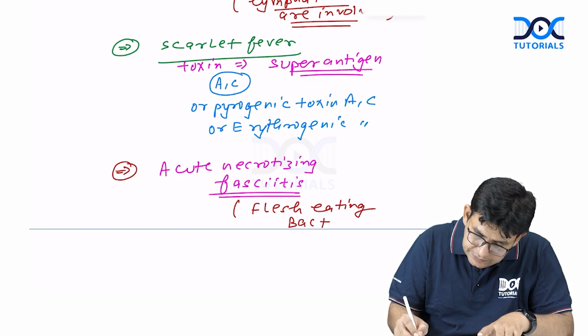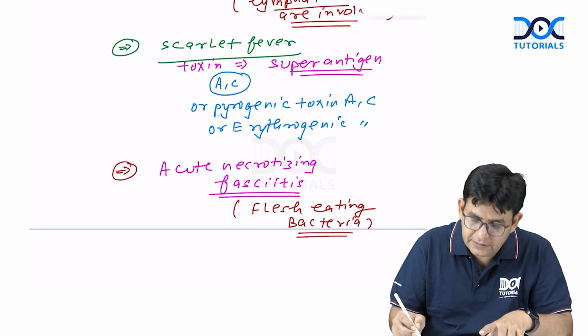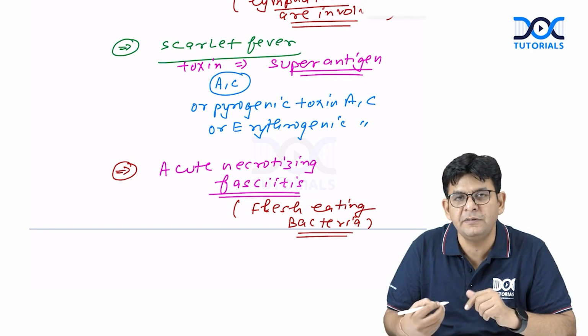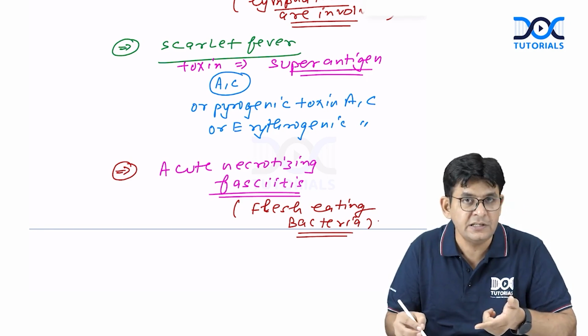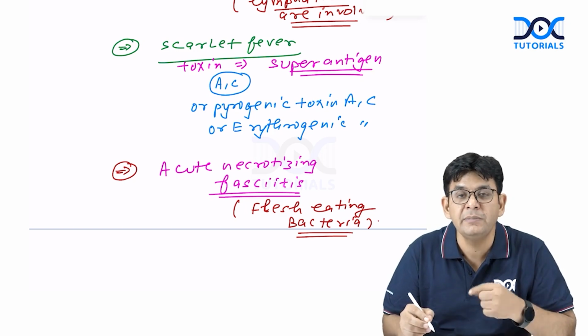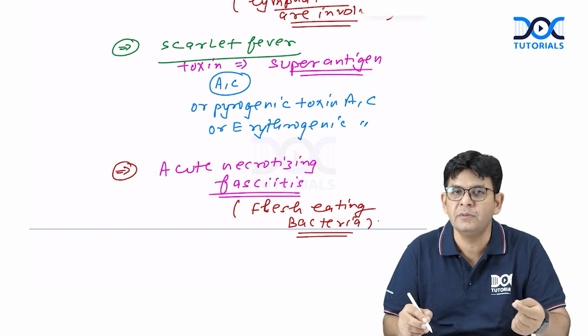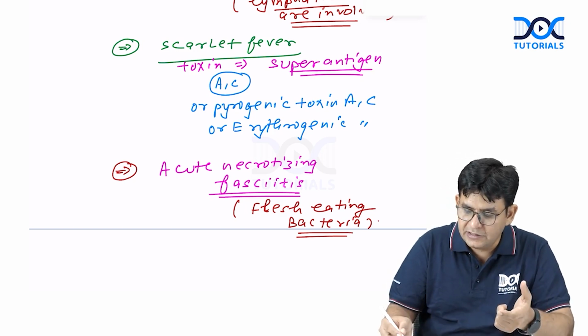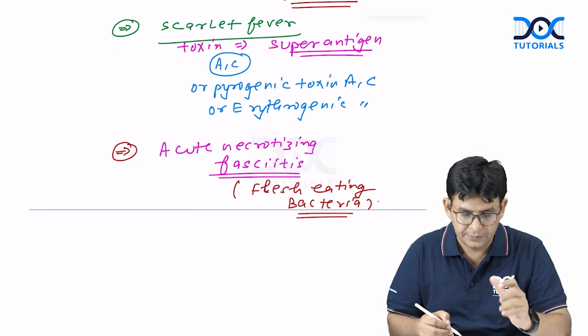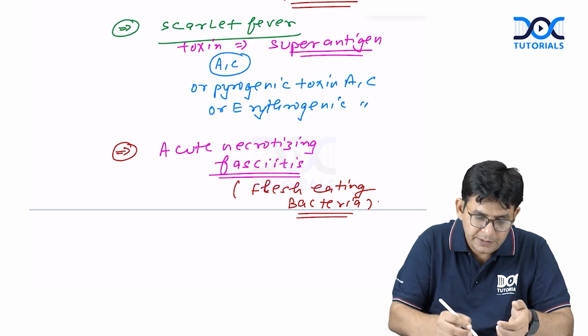Another All India question, which particular bacteria is termed flesh-eating. Now here the question comes of INICET, that flesh-eating necrotizing fasciitis is only done by Streptococcus pyogenes? No, it can be done by staph also. But the majority is done by Streptococcus pyogenes. And that's why the name of flesh-eating bacteria is Streptococcus pyogenes only. Okay. So this also needs to be remembered.